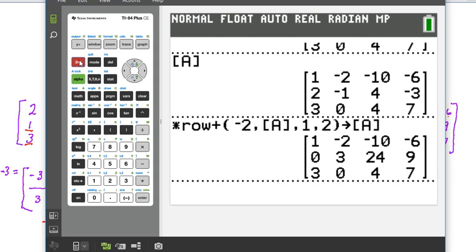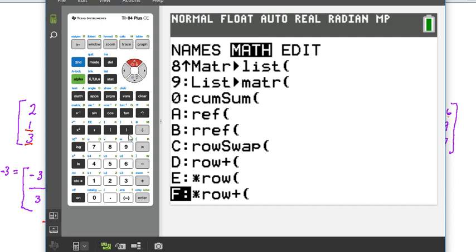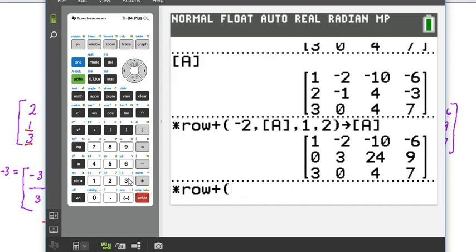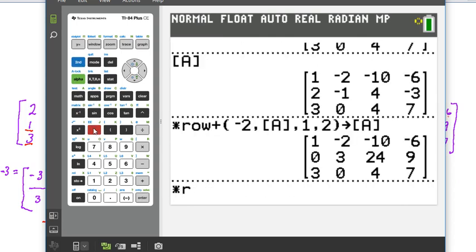So we're going to go second matrix. Again, we're going to go times row plus, and we're going to multiply this time row 1 by -3. We're still going to be dealing with matrix A, and we're multiplying -3 times row 1, and we're adding it to row 3 now.